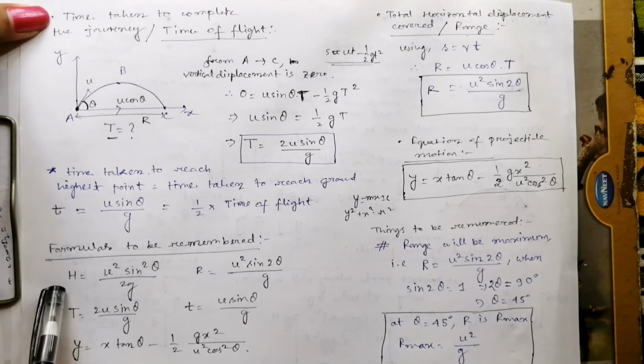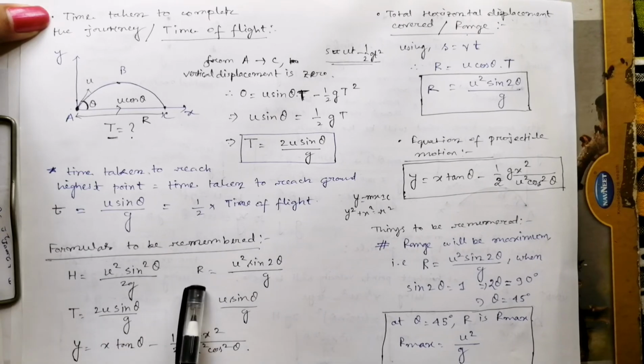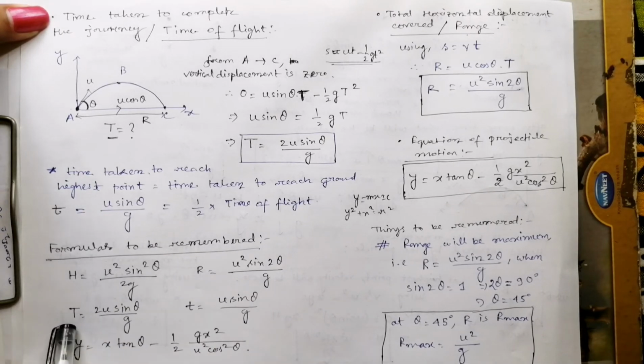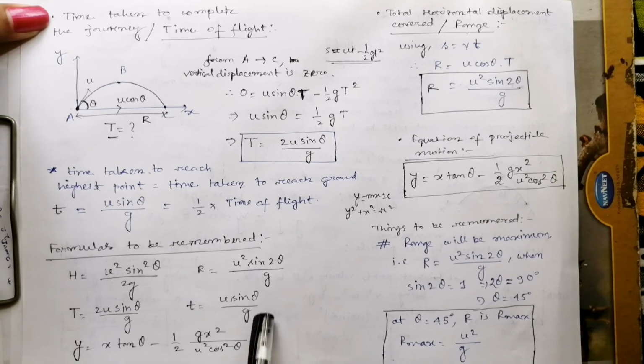One is for maximum height, next is for range, next is for time of flight, and then the time needed to reach the maximum height, and last but not the least, the projectile motion equation y is equal to x tan theta minus half g x square by u square cos square theta.